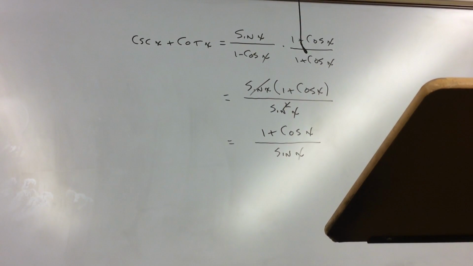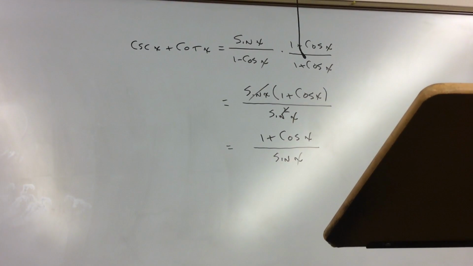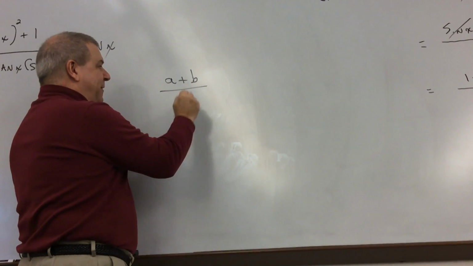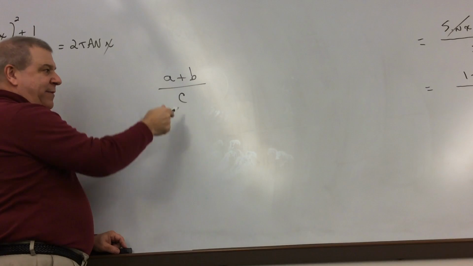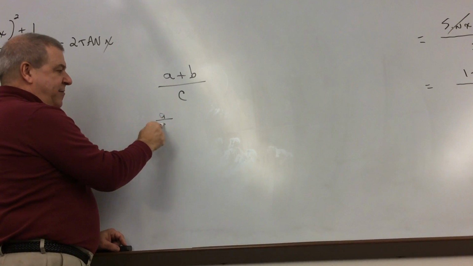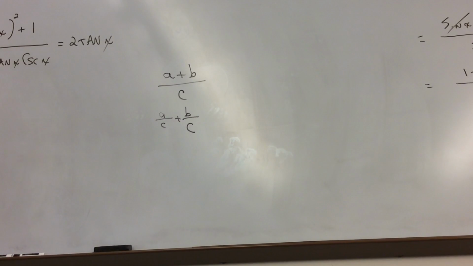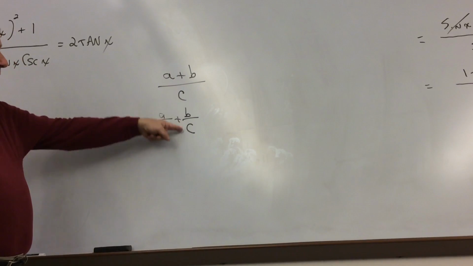Look at the other side. And let me just come over here on the side. If you have something like that, this is just basic math. If you have like an a plus b over c, doesn't this mean a over c plus b over c?